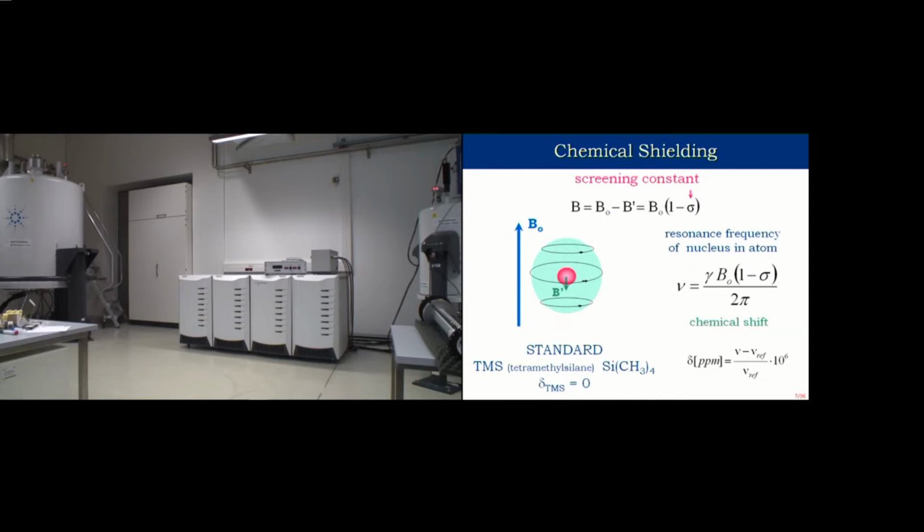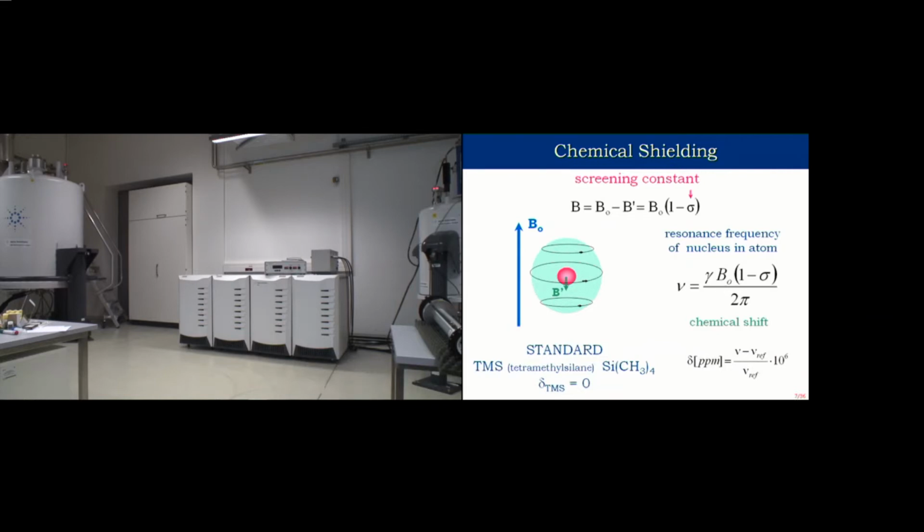Chemical shielding is a phenomenon which is very useful for chemists, especially if you are interested to study structure, as I said before.